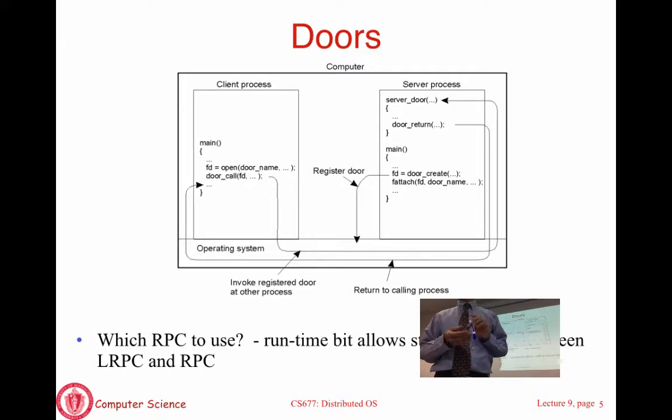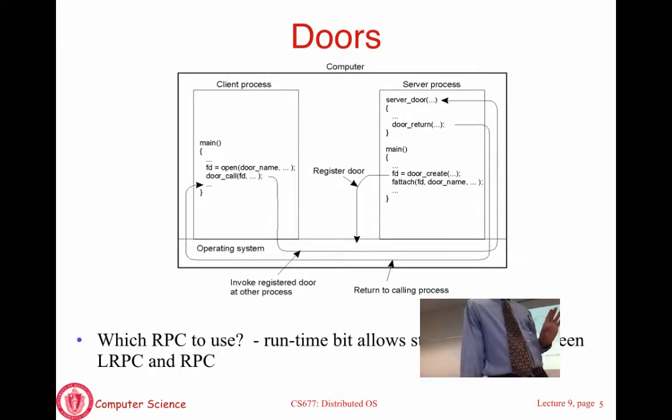Any questions on lightweight RPCs? Yes. The question is, does this implementation use message passing? So if you have lightweight RPCs, you do not use message passing. You are using shared memory to communicate.